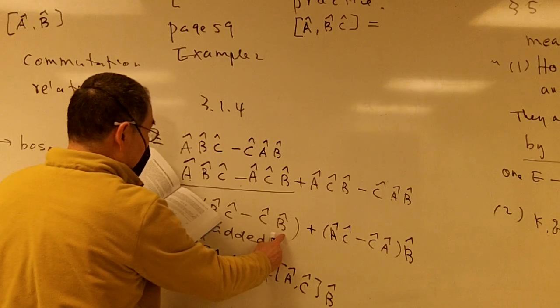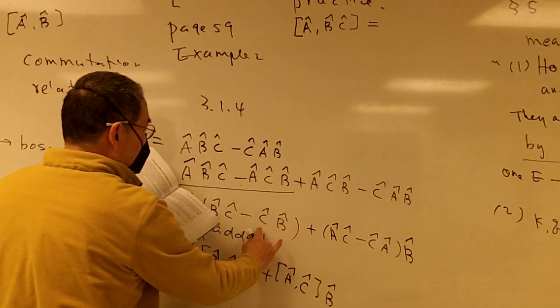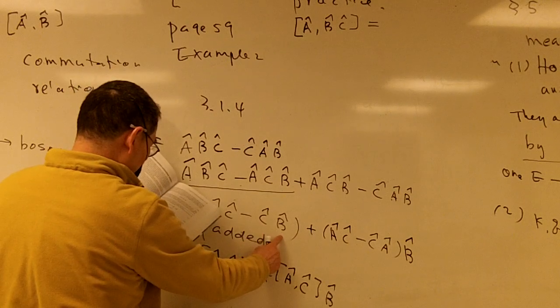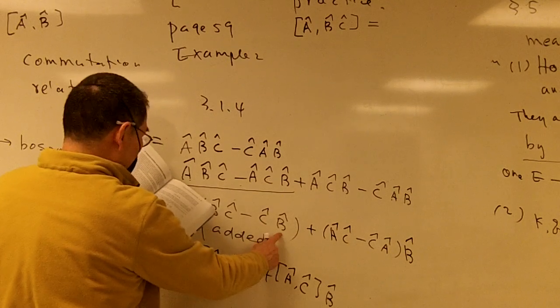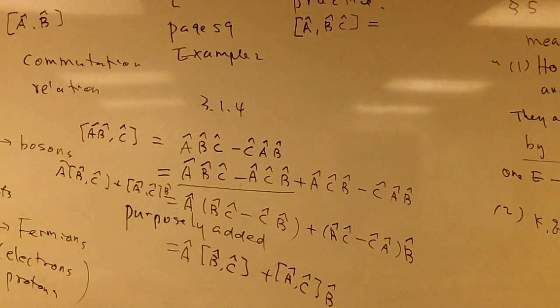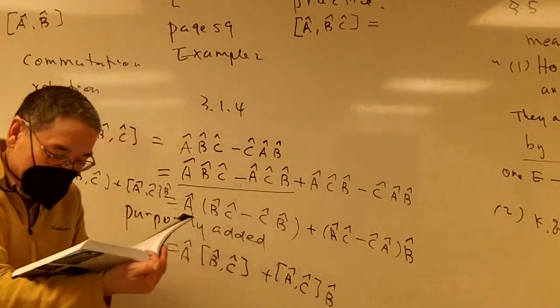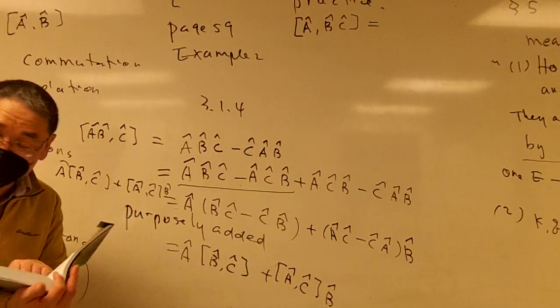It should be CB. Folks, could you make corrections? This term should be CB. The book is incorrect. I need to write this down, folks. Just give me a second. It's good that I use this book, otherwise I wouldn't be able to correct it. Page 59, the solution should be CB. I did not realize it should be CB.